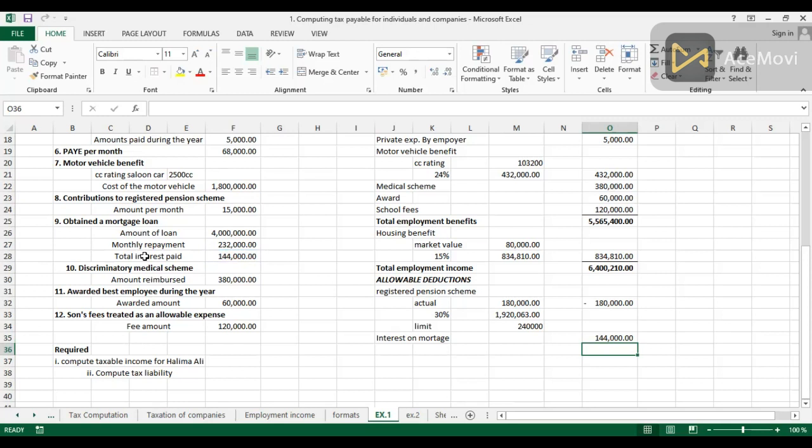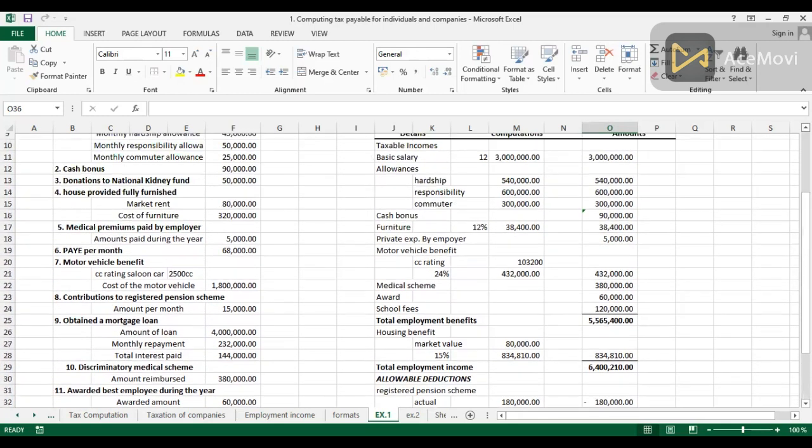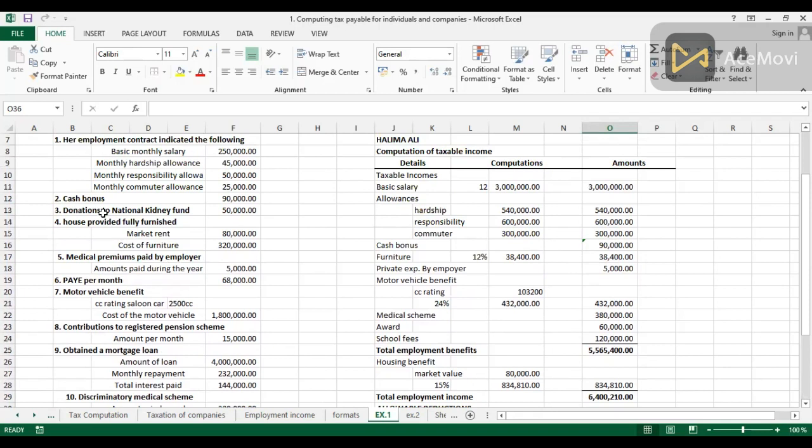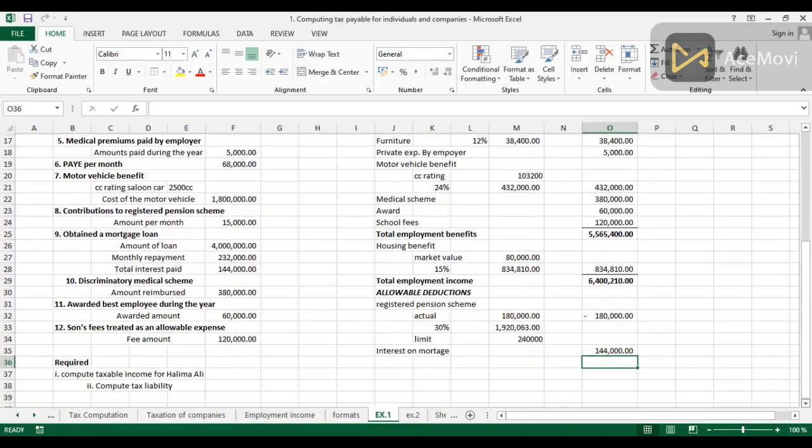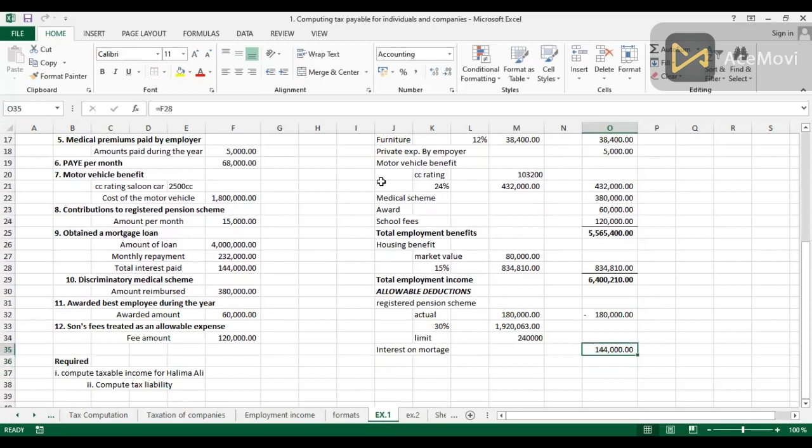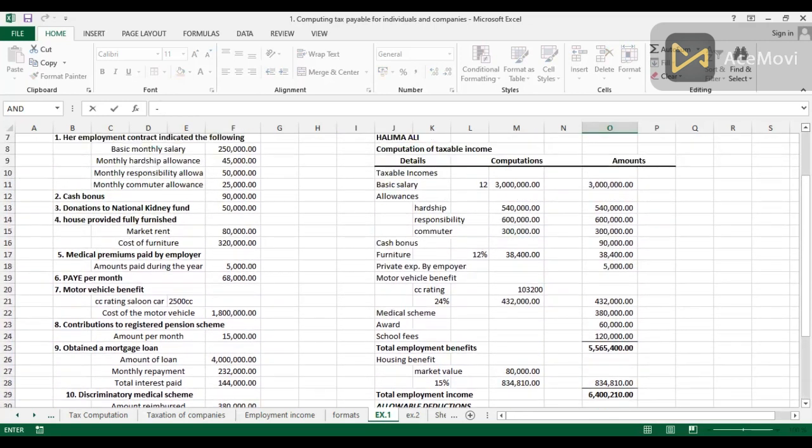And also we had something like donations here, charitable donations of 50,000. And this one I like it to be negative because we will be just adding all. Then this one also, where is it?